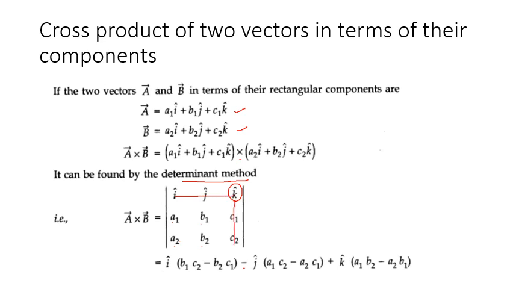So k times of this matrix a1 b1 a2 b2. Let me simplify this: k of (a1 b2 minus a2 b1). Right, so that's all your simplification over. This is how you have to simplify a 3 by 3 matrix.